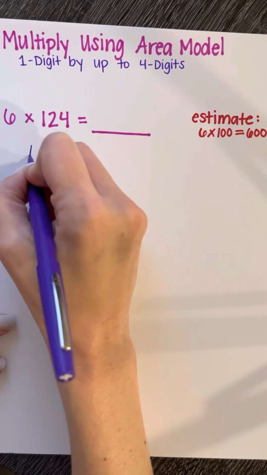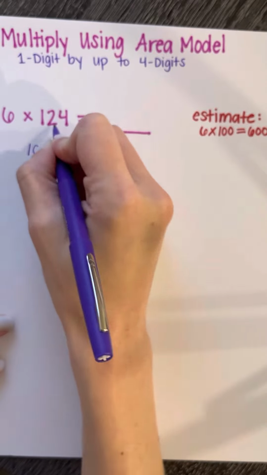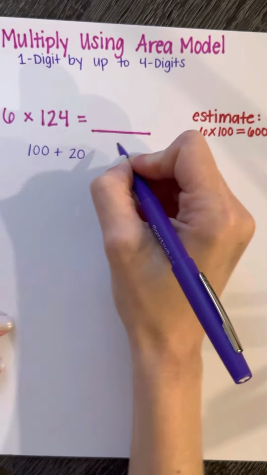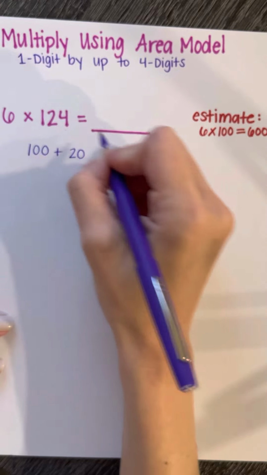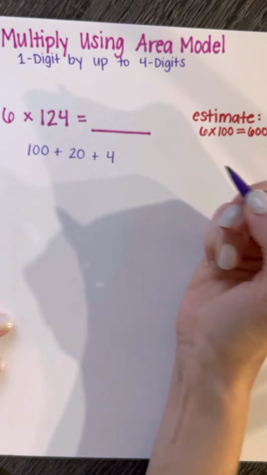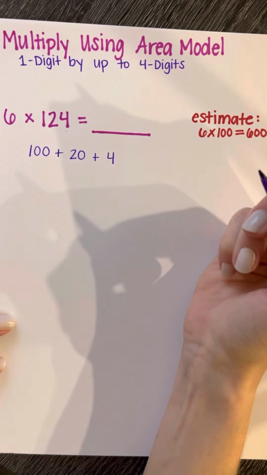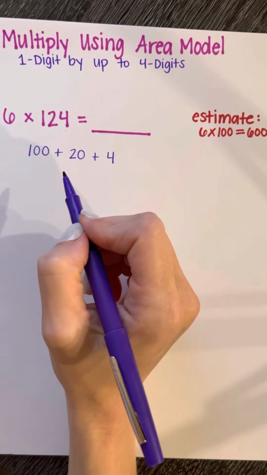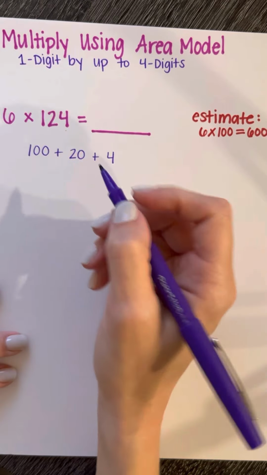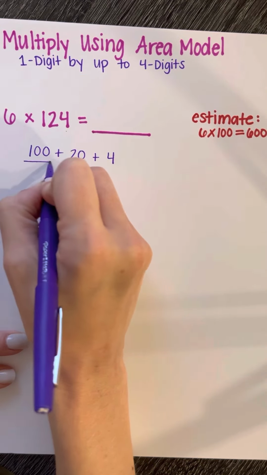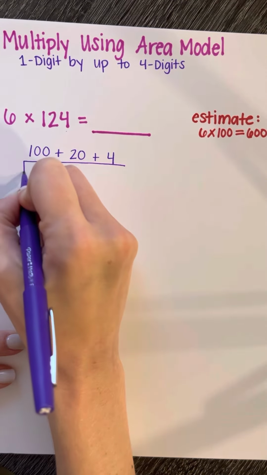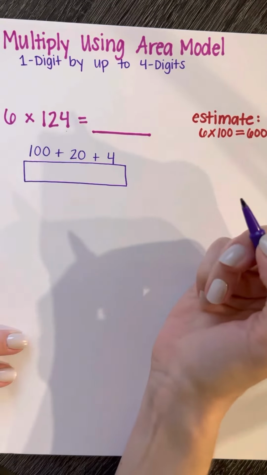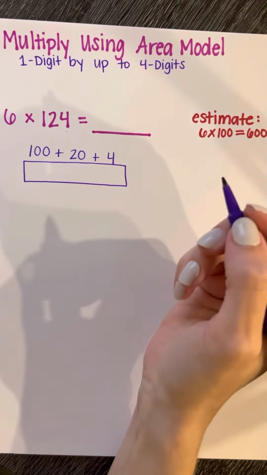So we have 100, and then we have a 2, so we're going to add that in our tens place, and then we're going to add our 4 for our ones place. Now that we have our factor that's more than one digit expanded, we can construct an area model box, which will keep our basic multiplication facts organized for us.